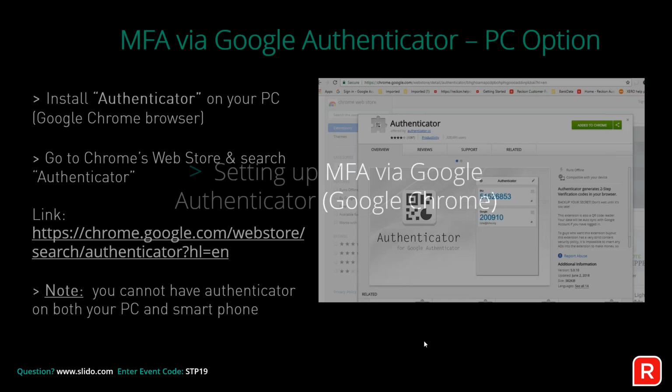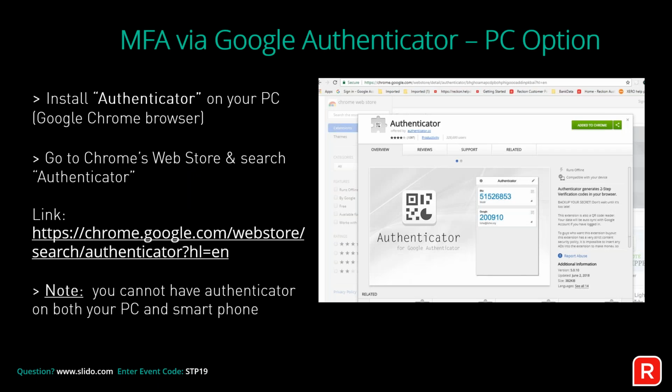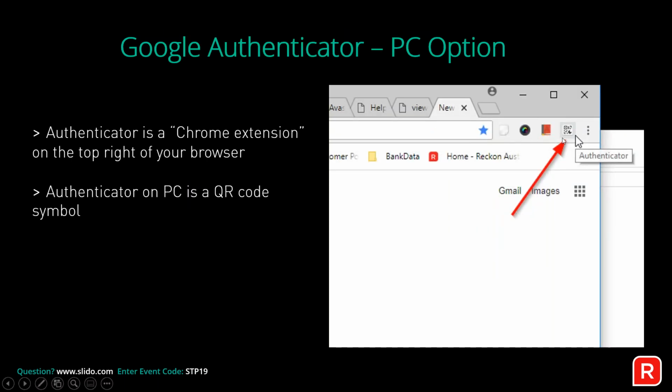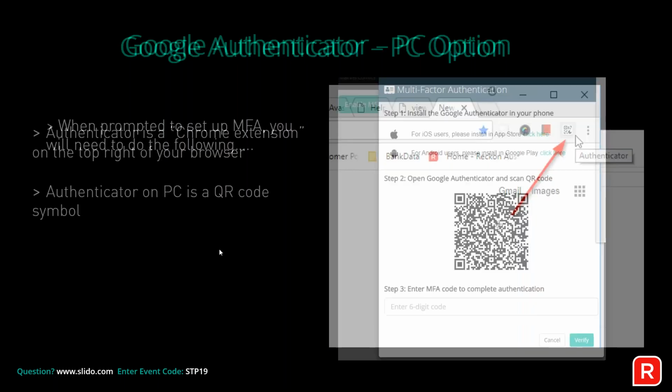If you're using it on desktop, then you'll need to get the Authenticator extension from the Chrome Web Store. The extension will appear as a little symbol in the top right of your browser. It has that QR code type symbol.